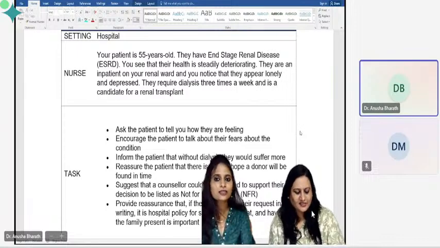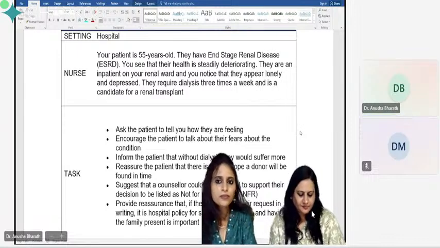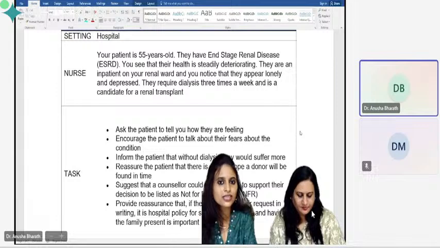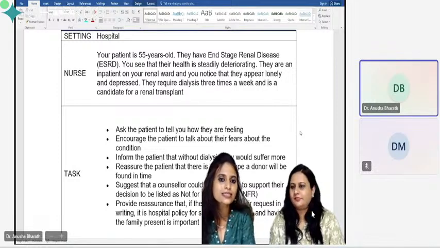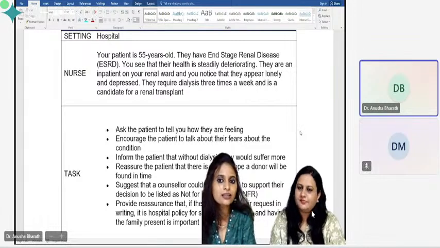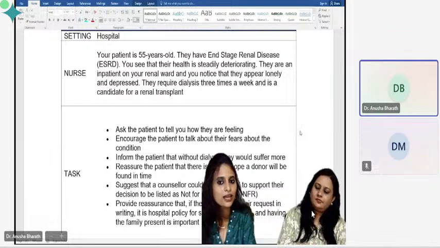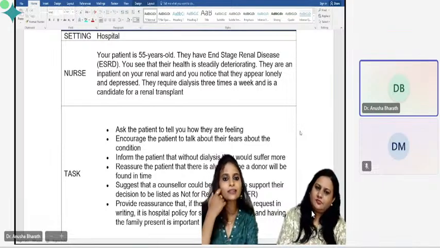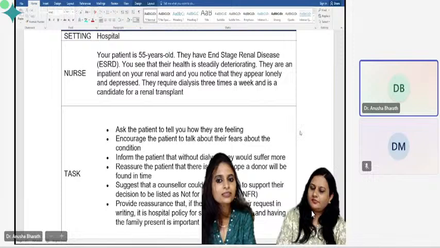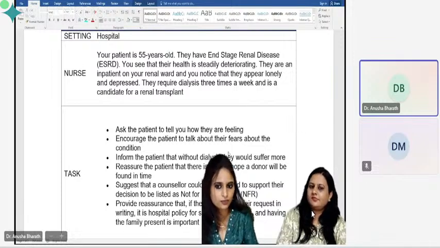Now, as we were saying, the patient is 55 years old. They have end-stage renal disease, ESRD. Their health is steadily deteriorating. They are an inpatient on your renal ward, and you notice that they appear lonely and depressed. They require dialysis 3 times a week and are a candidate for a renal transplant.